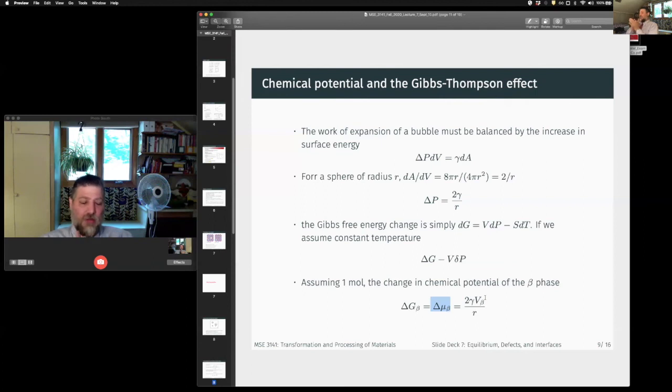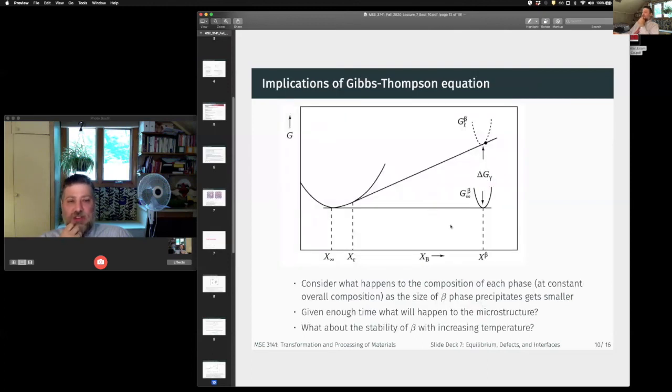That was the whole point of all this discussion that we had on chemical potential. So this can be really quite significant. As r gets smaller, our change in chemical potential for a very, very small particle can be huge. What's that going to do to our microstructure?